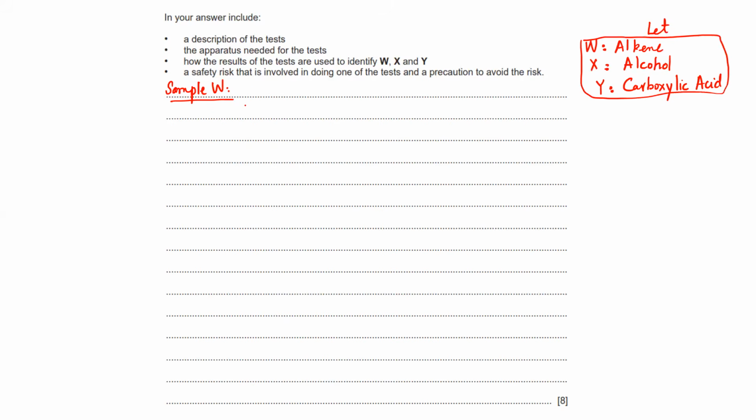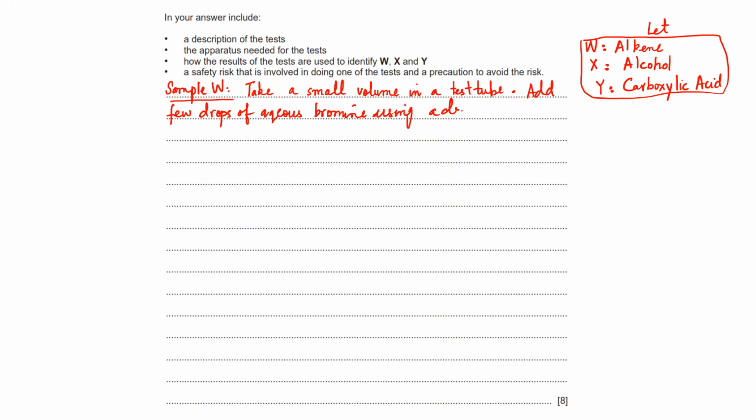So for sample W, take a small volume in a test tube, add a few drops of aqueous bromine using a dropper.